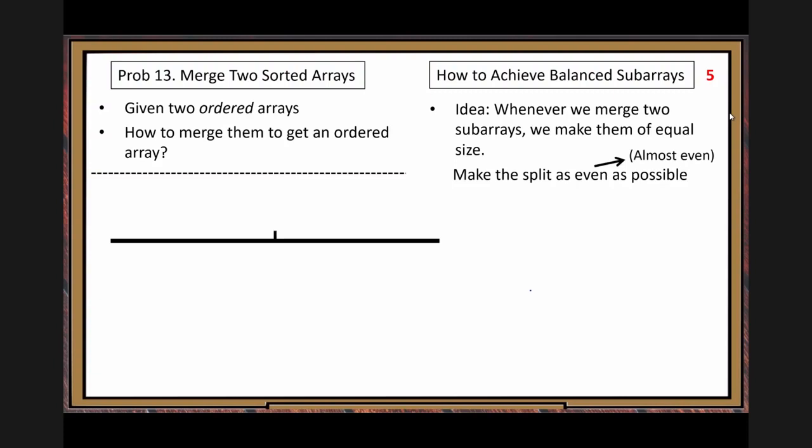The first split is right in the middle, giving two subarrays. That's the divide step. Then we conquer. For the conquer, we just assume we apply recursion. How to do the conquer? We call the function recursively.